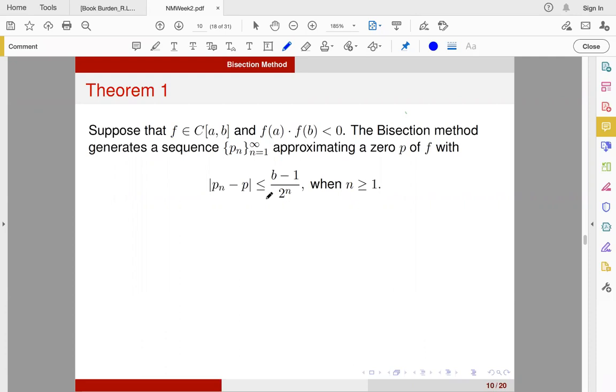Then the next question is how good is your method? So this gives the guarantee. As you can see, this is the order of convergence. If you add more and more iterations, it will converge to the true value with the following error. Okay, next, let's continue.